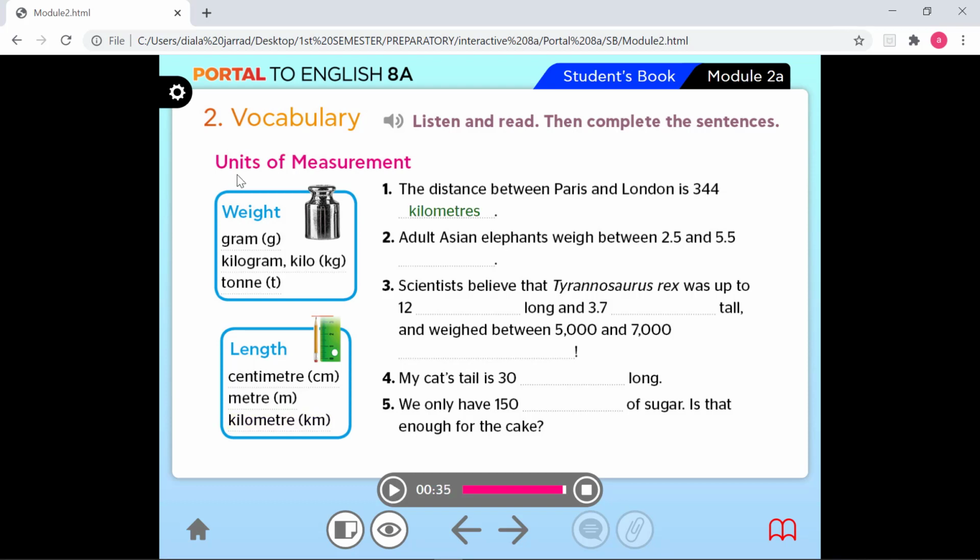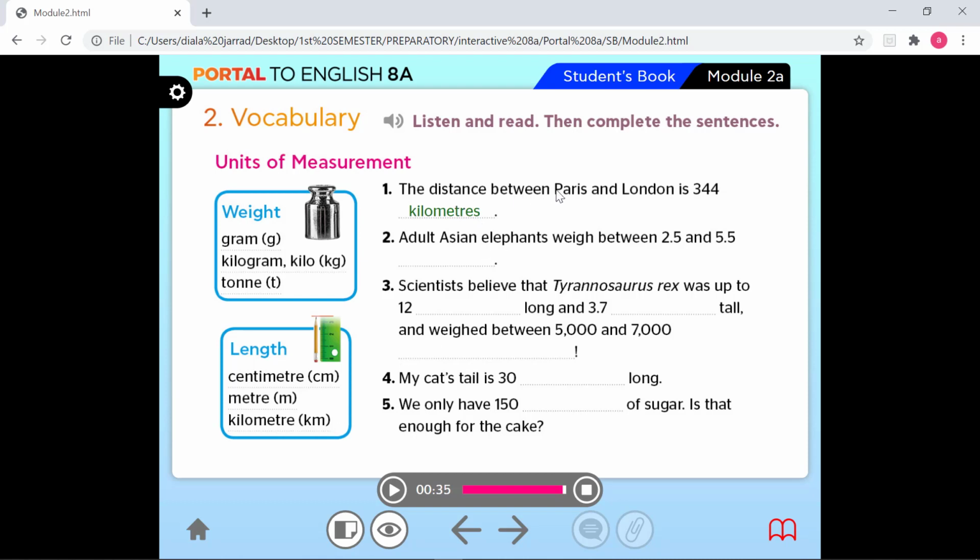Kilometer. إذن أعزائي الطلاب all these words that were mentioned are measurements, units of measurements, وحدات للقياس. فبنبدأ بالweight, gram, kilogram, kilo, ton. يرمز لهم بG, kg و T. length اللي هو الطول, centimeter, cm, meter, m, kilometer, km.